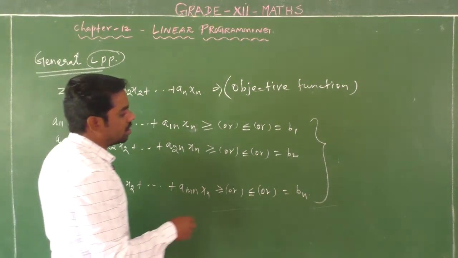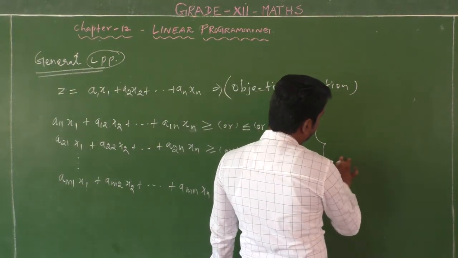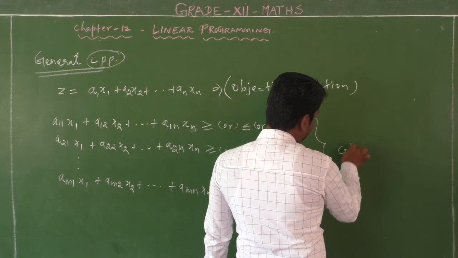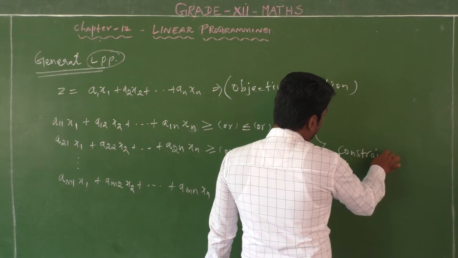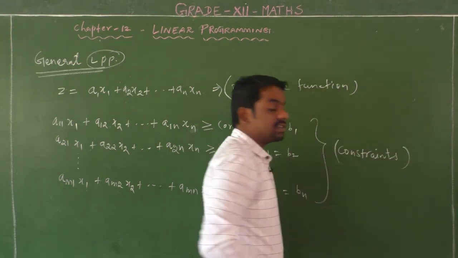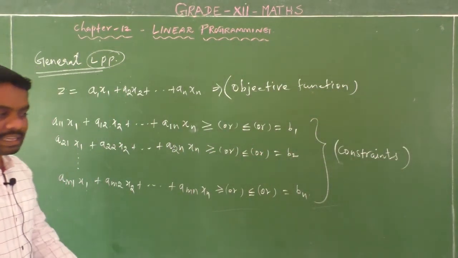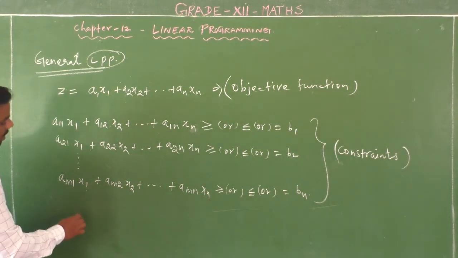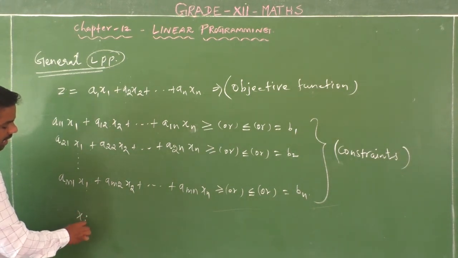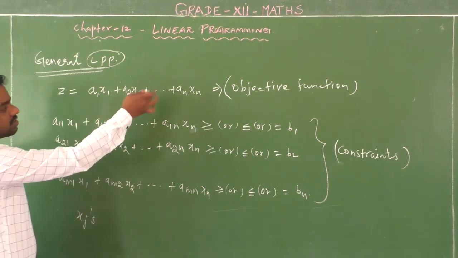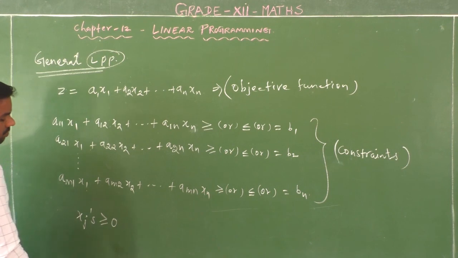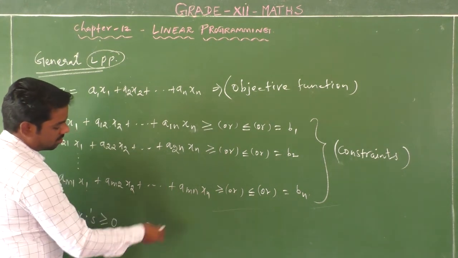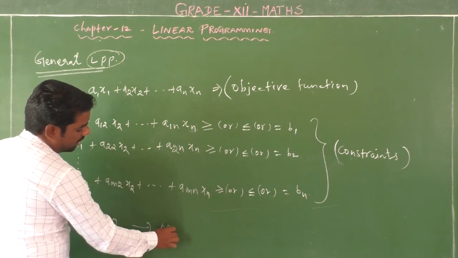These are called restrictions, that is, constraints. Constraint means restrictions. And here the xj's, x1, x2, x3 and so on, xn, are greater than or equal to 0. This is the non-negative restriction.